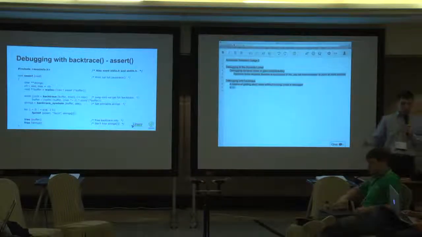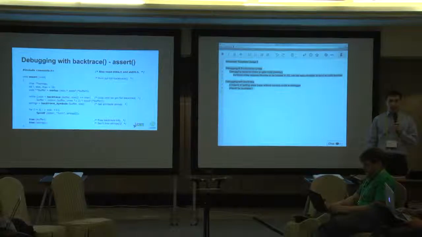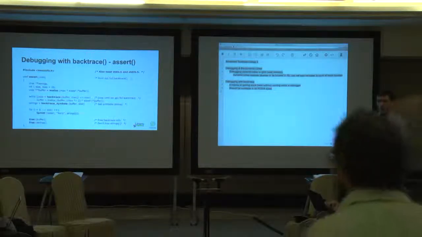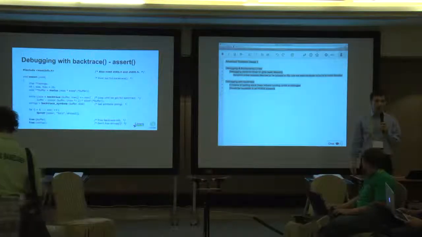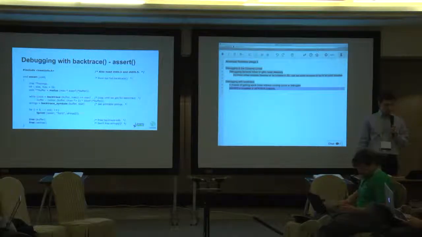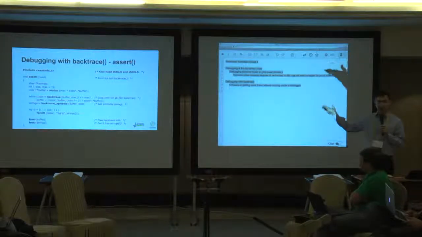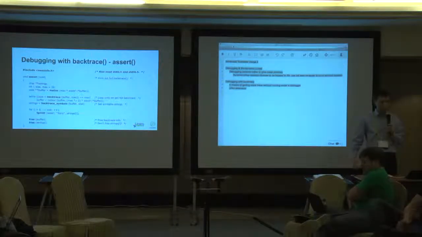So we are going to look at the first example, when we have assert calls in our application or system library or just user library. We just have a function in our code that we call assert, and we put it throughout our application, which is a good practice.